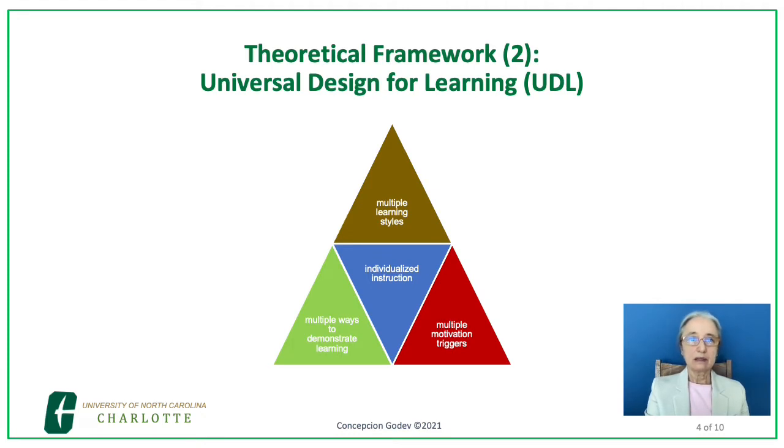The third element is multiple motivation triggers. In other words, different learners will be motivated by different elements that are happening in the classroom. So the instructor has to maximize the way motivation is triggered by different elements that happen in the classroom.